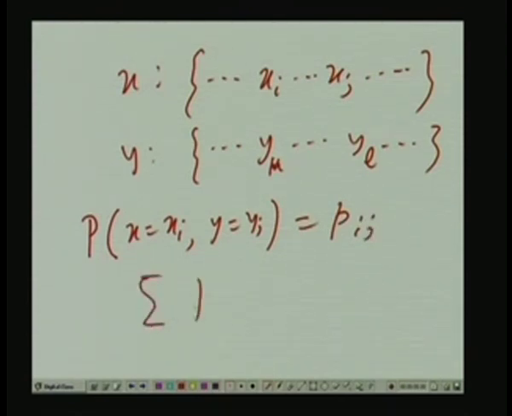Obviously, with i and j, the double summation should be equal to 1. And P i, that is obviously P i k summed over all possible k's, will be P i, okay.